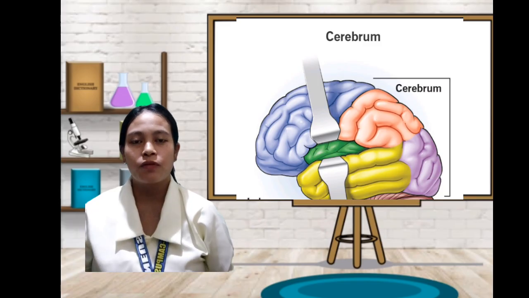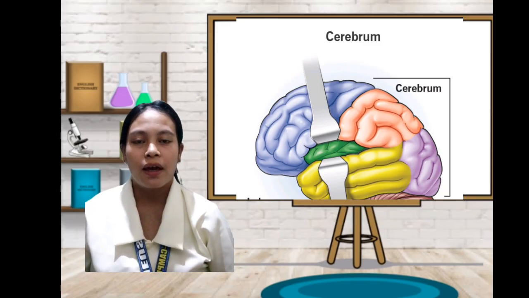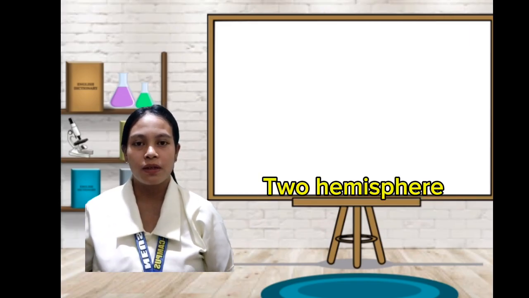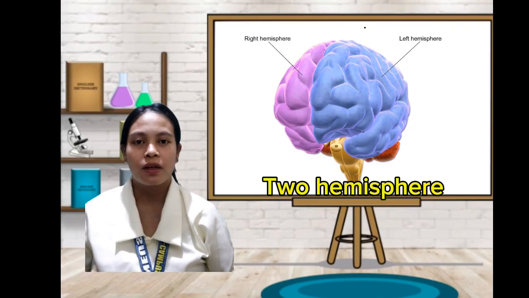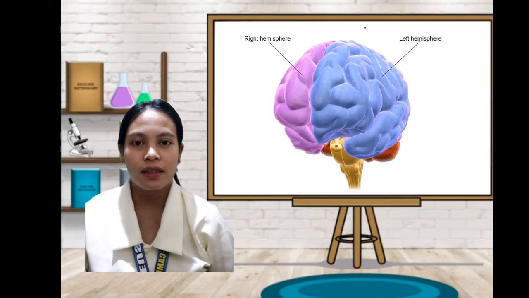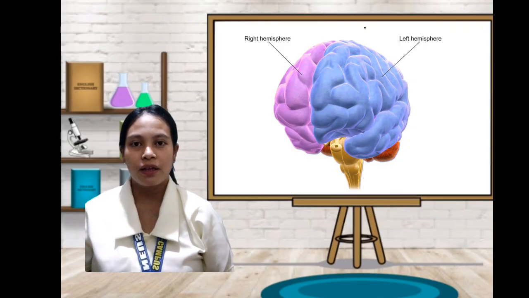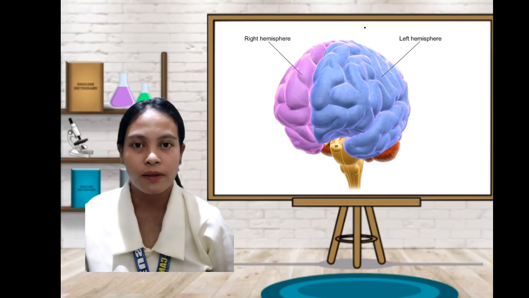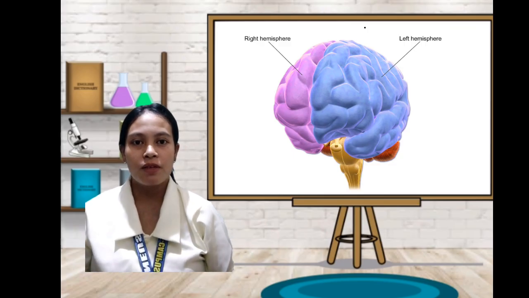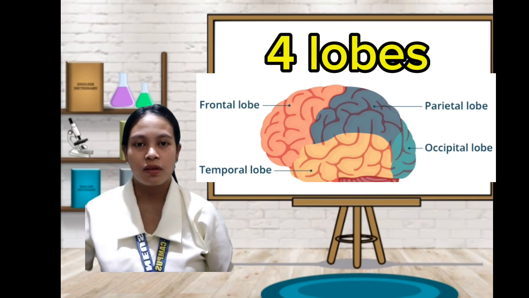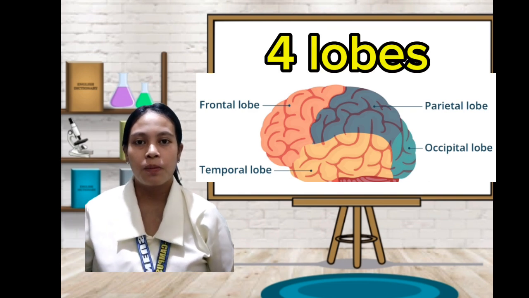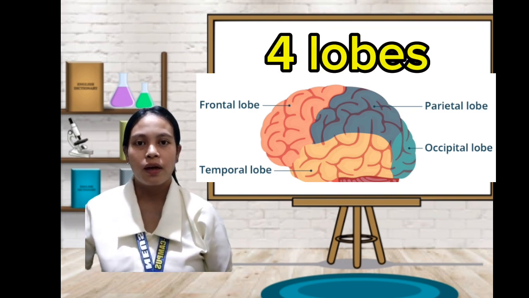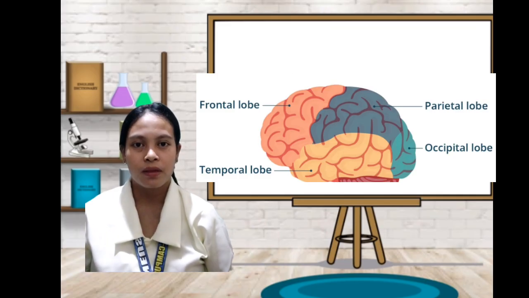The cerebrum forms the bulk of the brain, and it is divided into two hemispheres: the left hemisphere that processes analytical thinking, and the right hemisphere that processes visual and auditory information. The hemispheres are divided into four lobes: the frontal lobe, temporal lobe, parietal lobe, and occipital lobe.